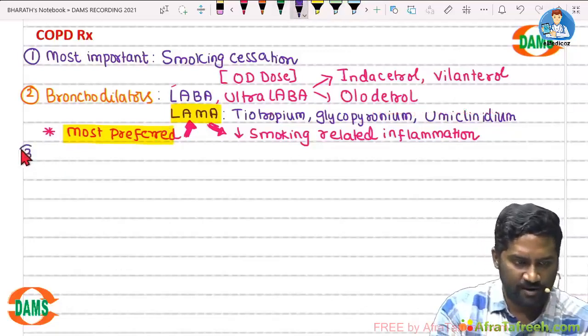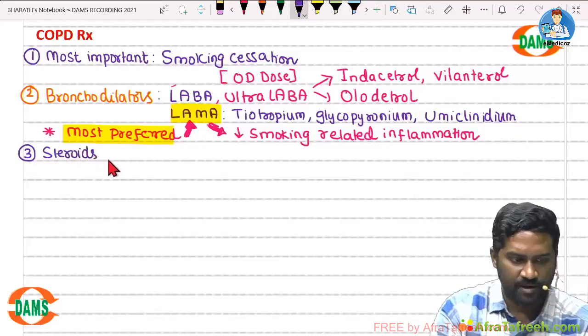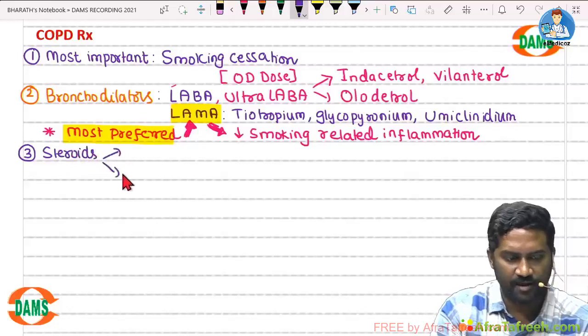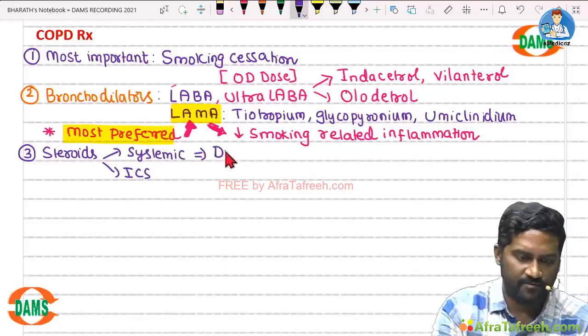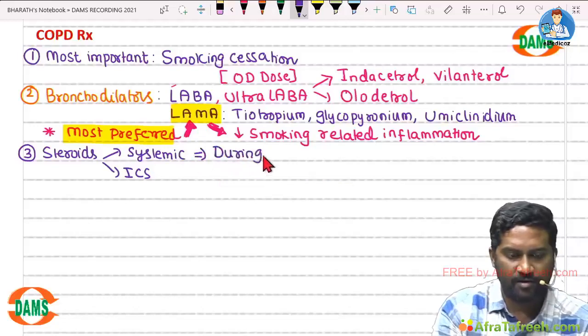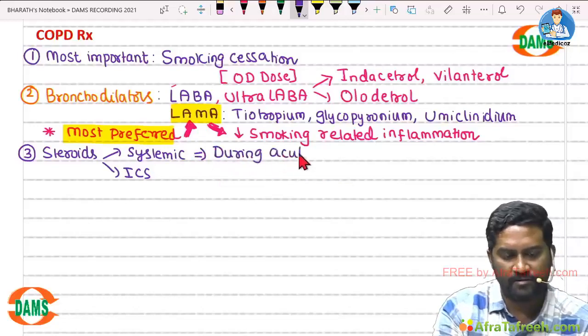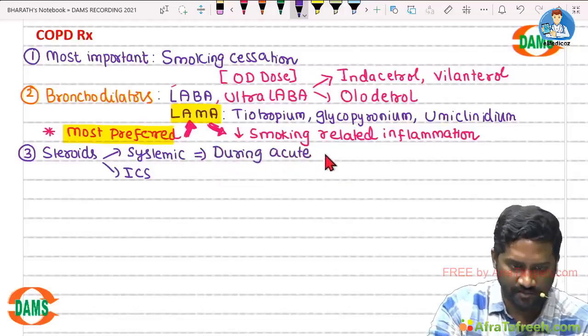Next in the management will be steroids. Steroids can be given either as inhaled form or systemic form, tablets or injection. These systemic steroids are given during acute exacerbation to decrease the smoking related inflammation.